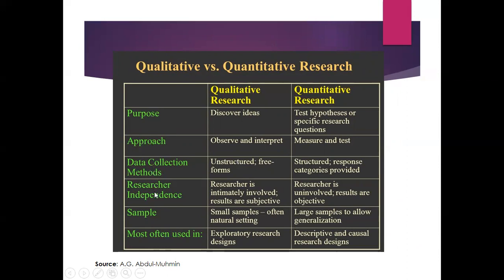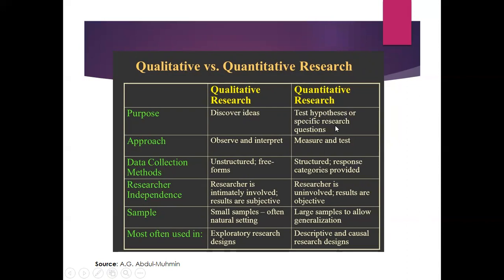The level of researcher involvement and the outcome of the data is different. Sampling, the samples are often different, and the type of use. For example, purpose for qualitative, this is discovering ideas. When we use the quantitative approach, and remember you are using the quantitative approach, it is really for testing a hypothesis and specific questions.